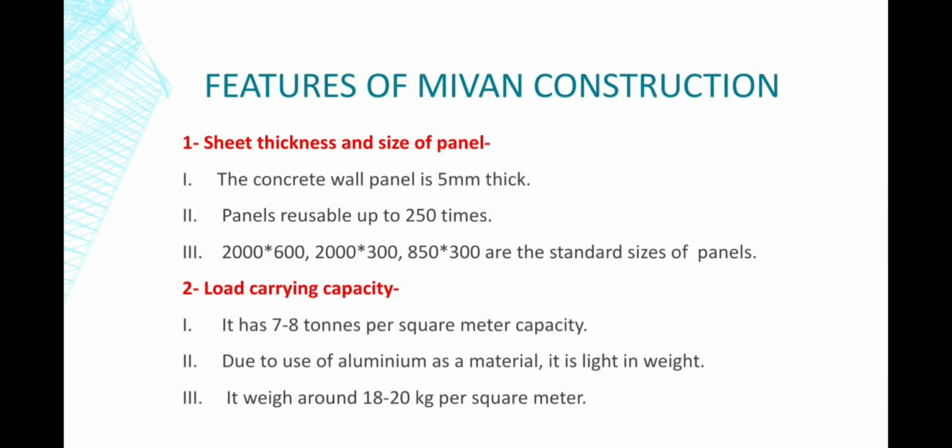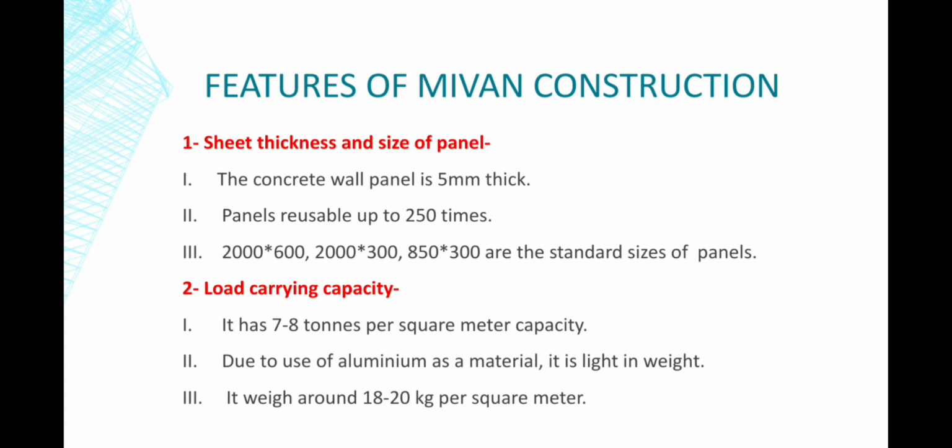Now, what are the features of Maivan construction? The first one is sheet thickness and size of panel. The concrete wall panel is 5 mm thick and the panels are reusable up to 250 times.